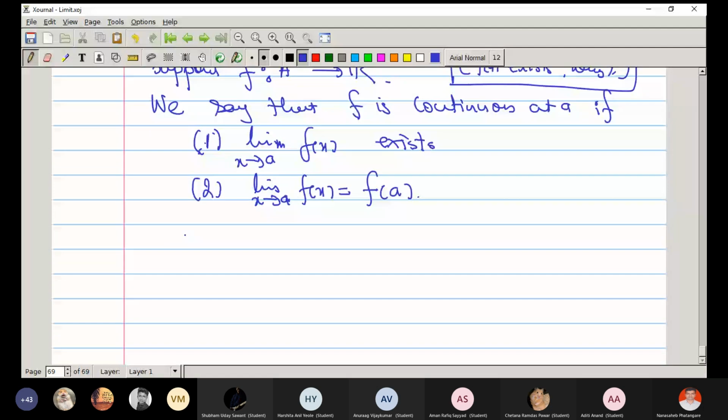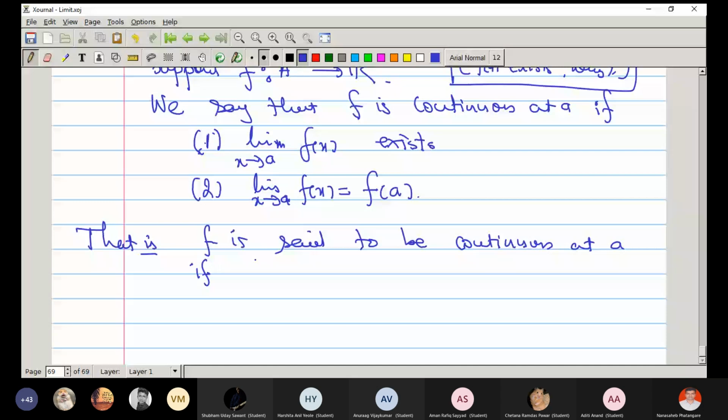So what does it mean? f is said to be continuous at a if limit x tends to a, f of x is equal to f of a.